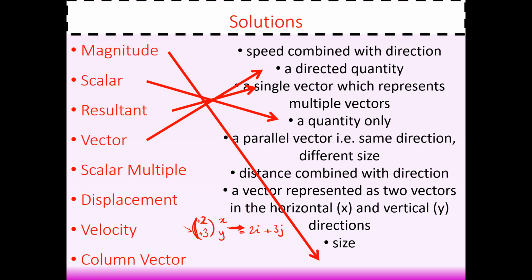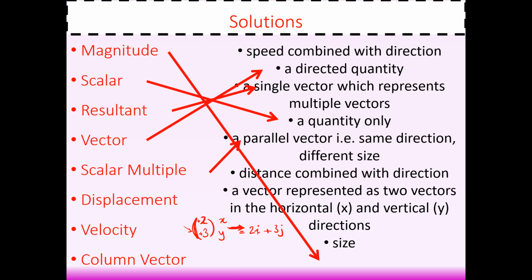Okay, so a scalar multiple, I briefly said something about it. It's actually another word for a scalar. Okay, so a scalar multiple vector means a parallel vector. We'll discuss how to determine if two vectors are parallel or not, but if one is a scalar multiple of the other, they're parallel.